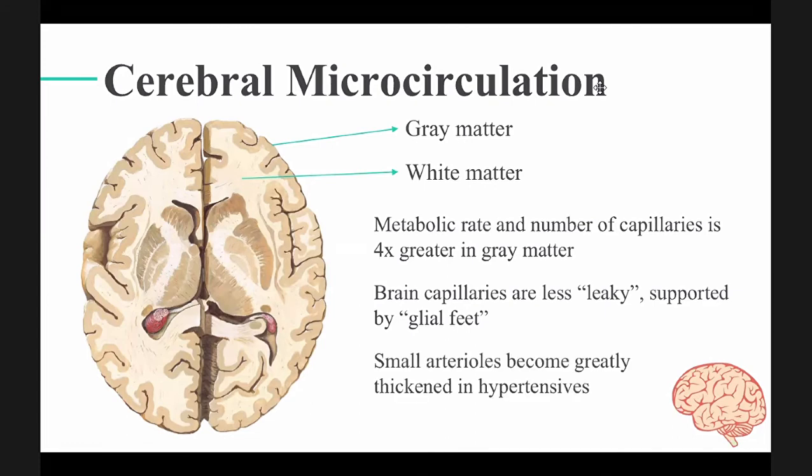So small arterioles become greatly thickened in hypertensives because of remodeling. If there is an increase in blood pressure, the endothelium will be more thickened, and so the lumen will be reduced. And this is the reason why eventually some patients will have cerebral infarction.